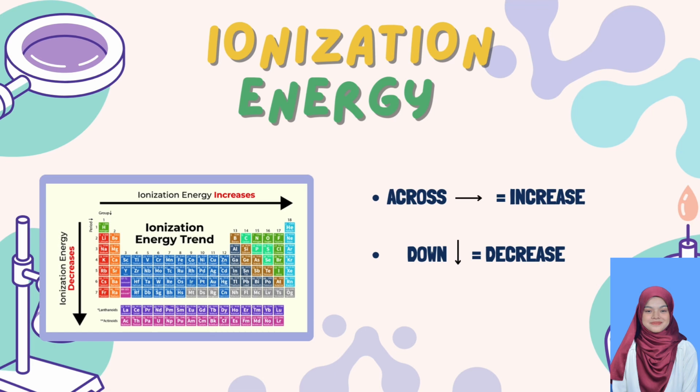Ionization energy is the energy needed to remove an electron from an atom. Across the period, ionization energy increases because the electrons are held tighter by the nucleus. Down the group, ionization energy decreases because electrons are further away and easier to remove.